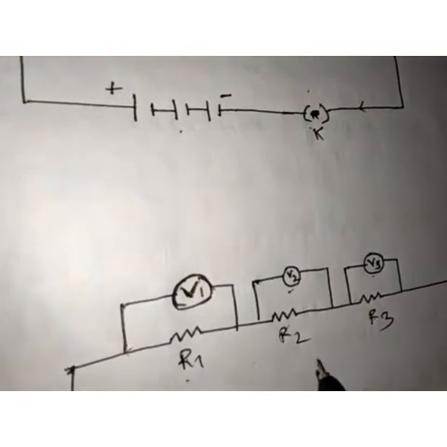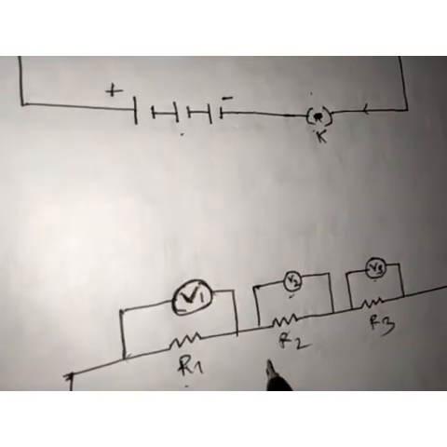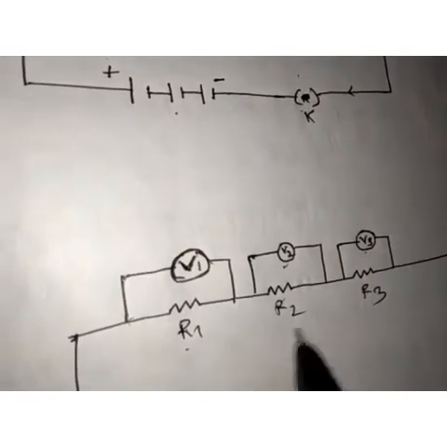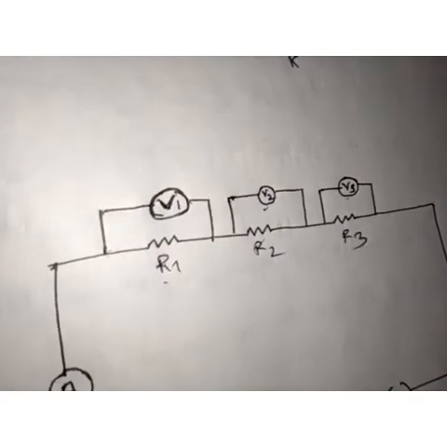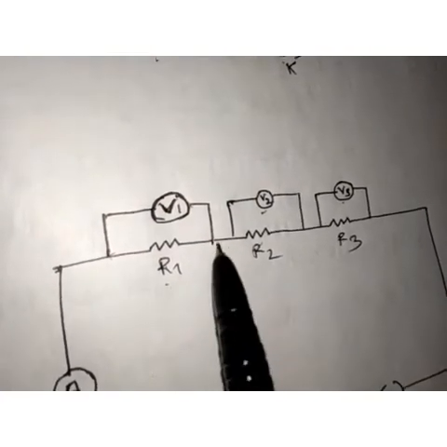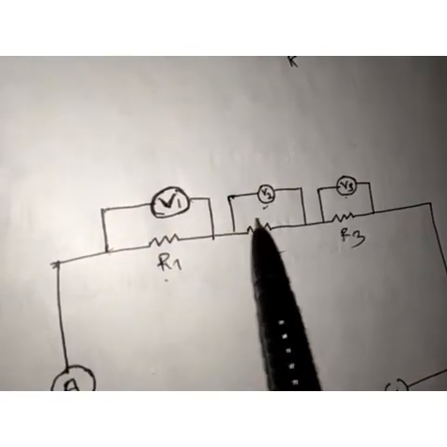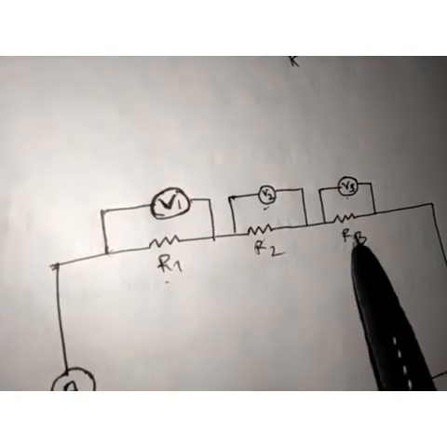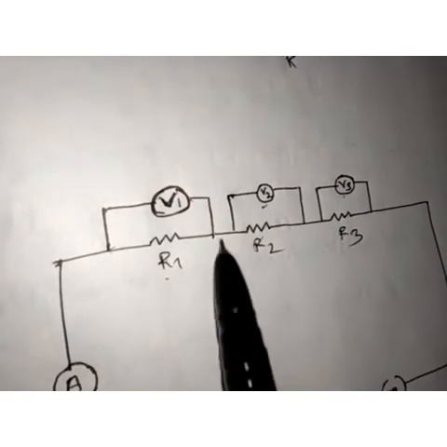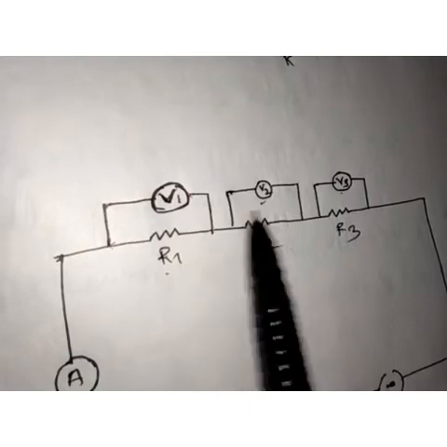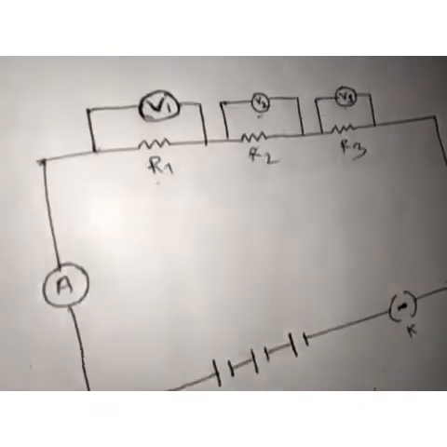But for the equivalent potential difference, how will we find it? If we sum all the individual potential differences, then we will get the equivalent potential difference of all the resistors.